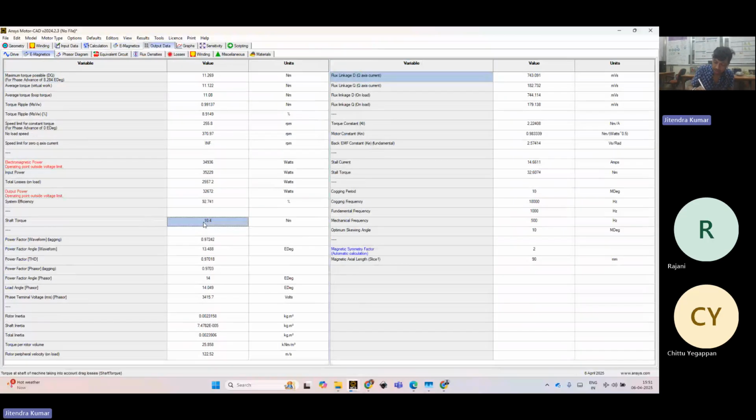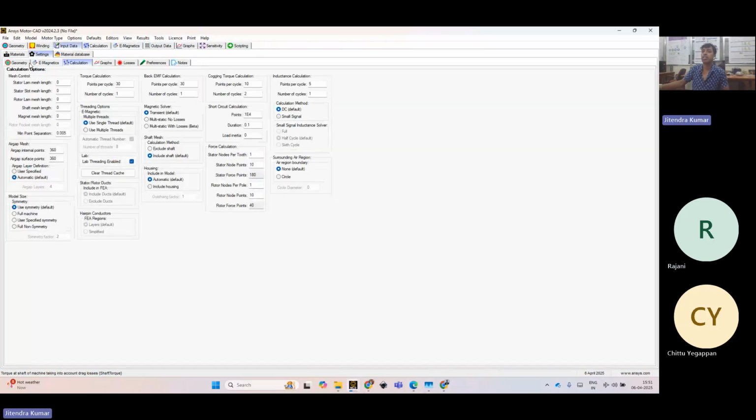I am writing on my board, but I am not able to show it. I'll show it at the end. So with the symmetric model, I have simulated SPM. Now I will simulate it with the full machine.